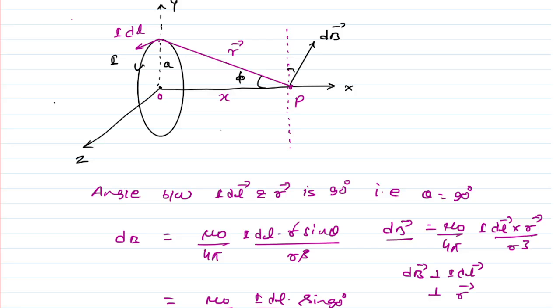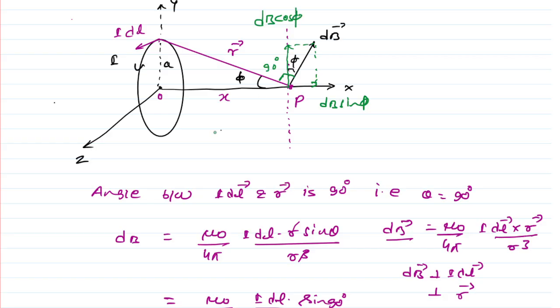Easy to understand, but at the same time you need to remember that this angle is 90 degrees. So now dB has two components, one which is along the axis, dB sine phi, and one which is perpendicular to this axis, which is dB cos phi.